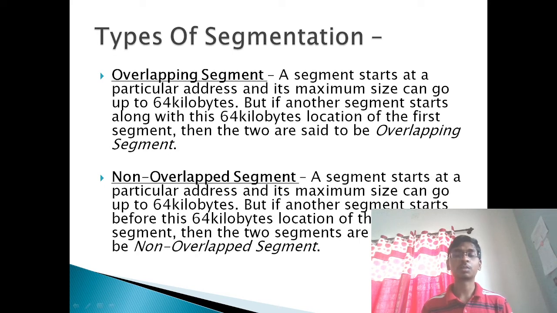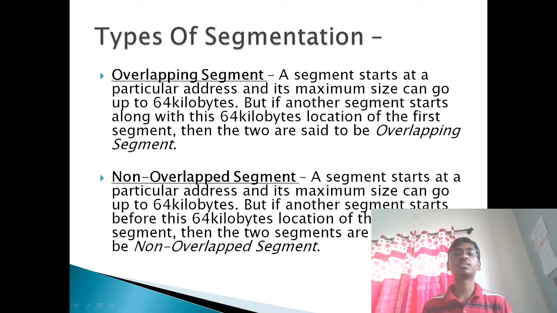Another topic is the types of segmentation. There are mainly two types: one is the overlapped segment and the other is the non-overlapped segment. In an overlapped segment, a segment starts at a particular address and its maximum size can go up to 64 kilobytes.